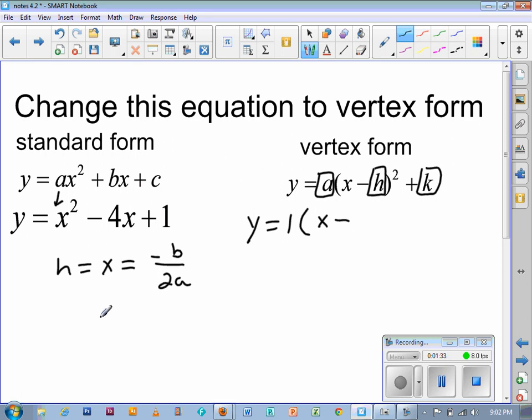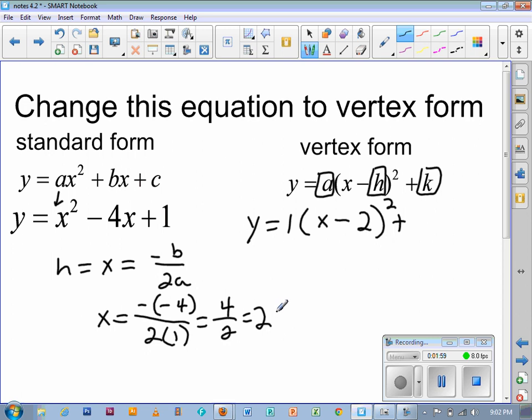And so we'll simply substitute the b value, which is a negative 4. So we'll end up with 2 negatives on top, and then over 2 times 1. Remember, a is 1. And you simplify that to 4 over 2, which becomes 2. That becomes your h, or x coordinate of your vertex. So we put 2 there.